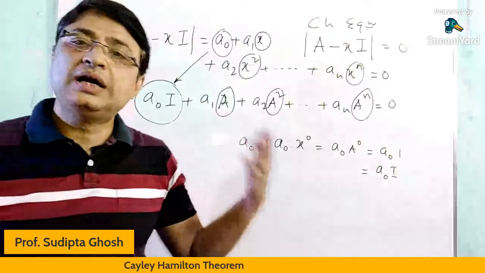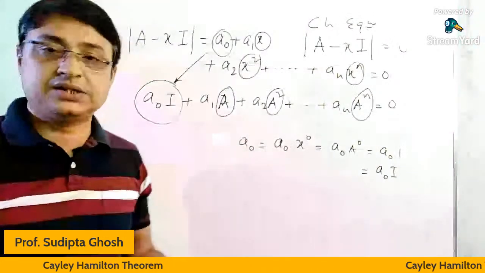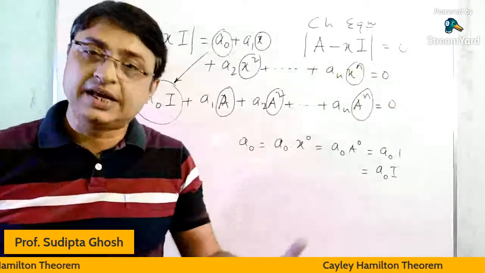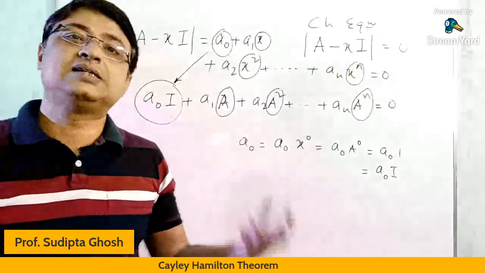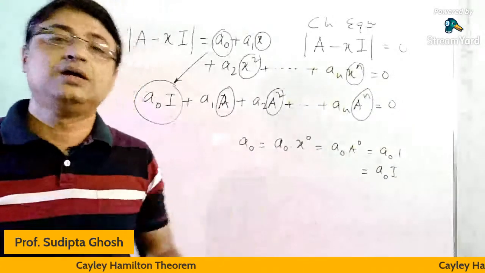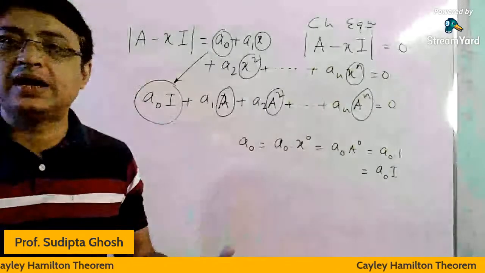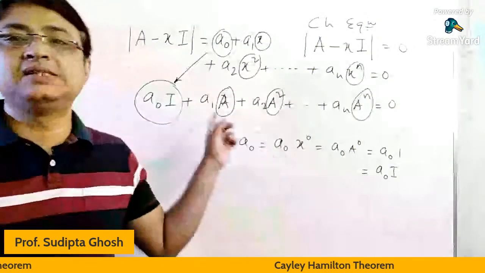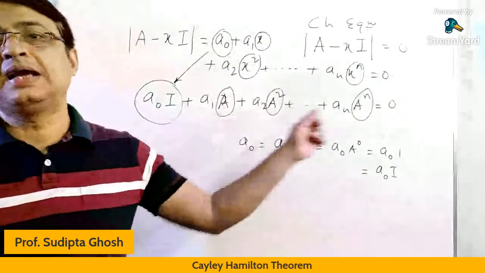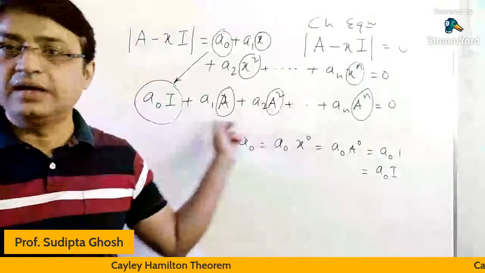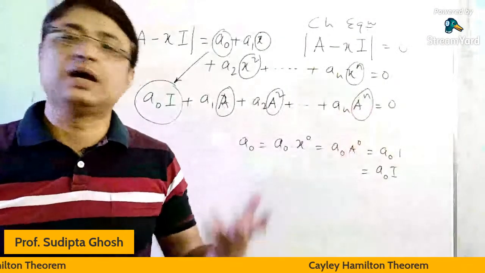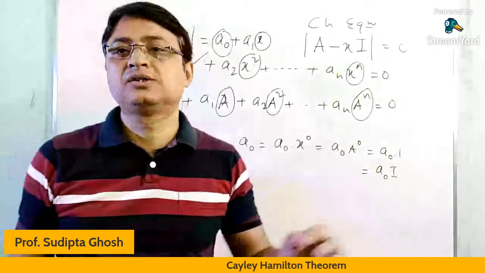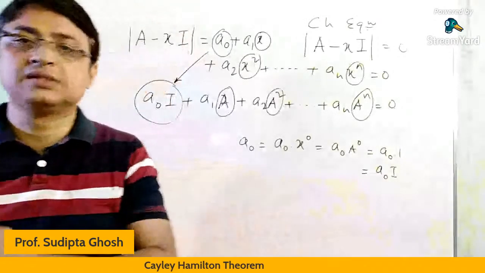If the characteristic equation has x cube, you write A cube. If it has x square, you write A square. Then you have to find that the value equals 0, and after that you can write that the Cayley-Hamilton theorem is verified.